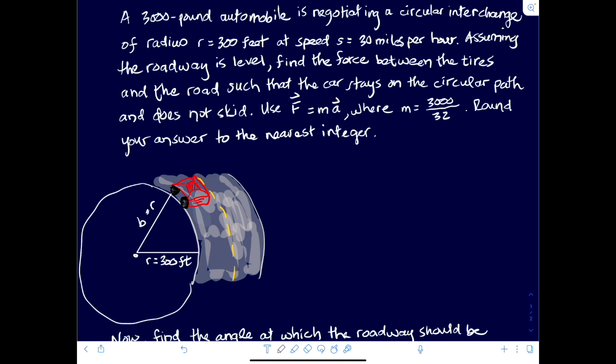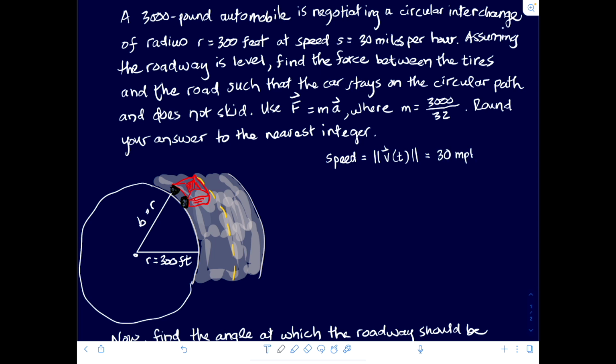We certainly know that the speed is equal to the magnitude of the velocity vector at time t, and that is equal to 30 miles per hour. Cool so far?